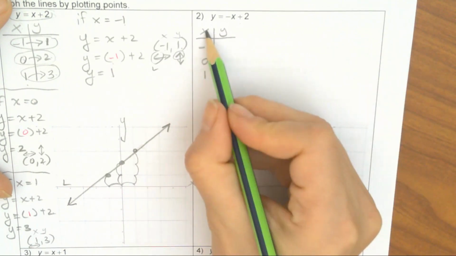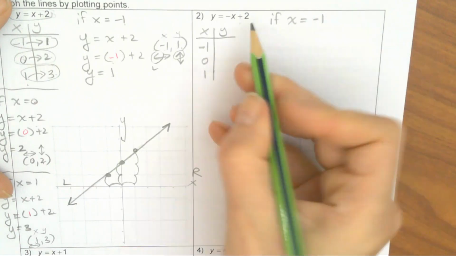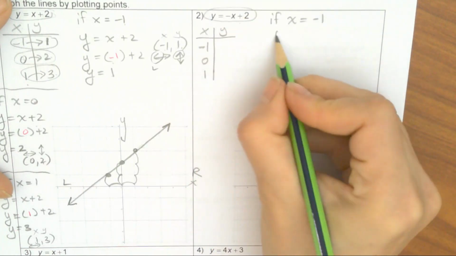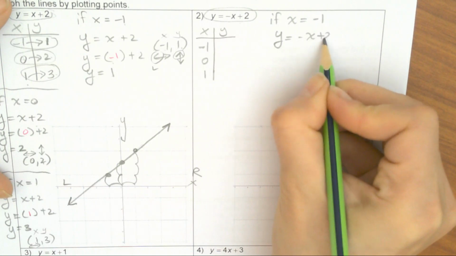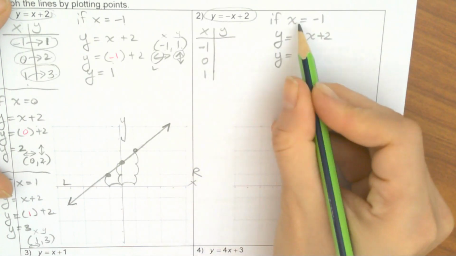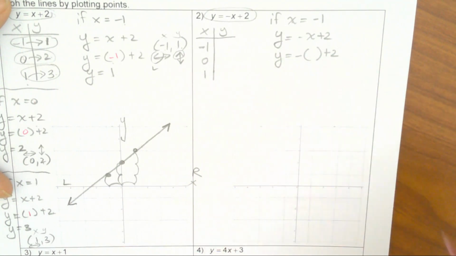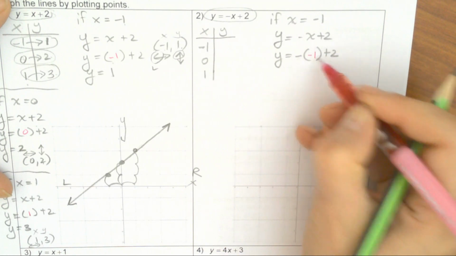So if x is -1, I copy this out. Wherever the x is, I'm going to put brackets because it says change the x value. So here, x is -1. Be careful.